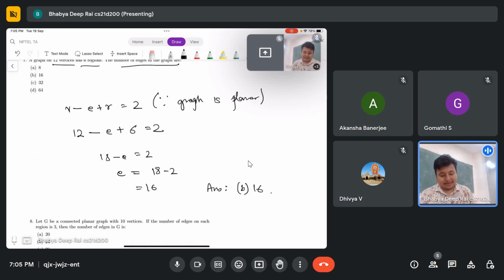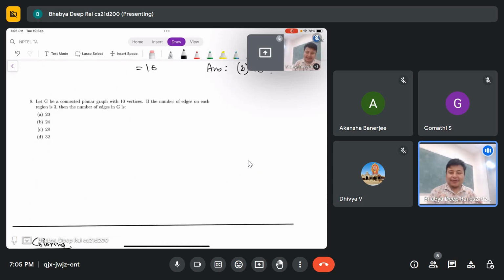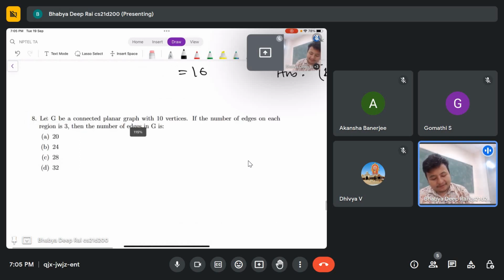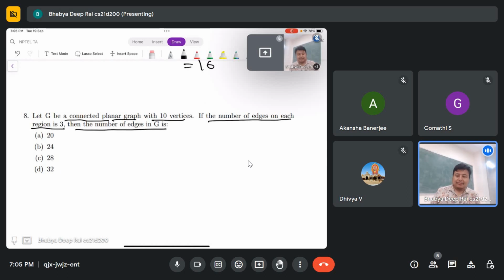Okay, nice, good. Now we'll use the same formula for this, but in a slightly different flavor. G is a connected planar graph with 10 vertices. If the number of edges on each region is 3, then the number of edges in G is... This is a nice question.